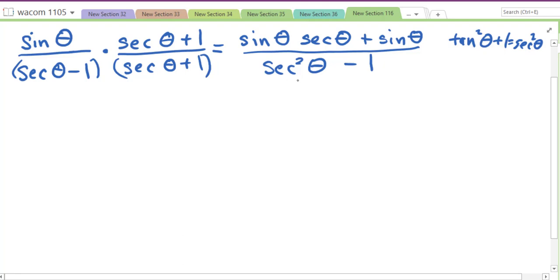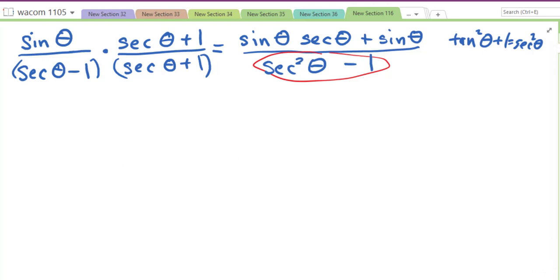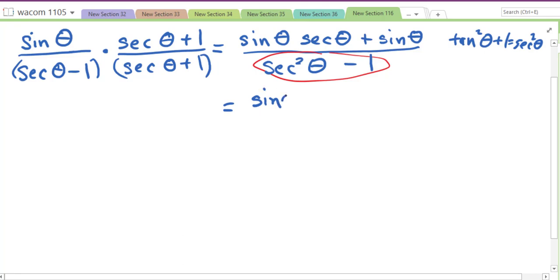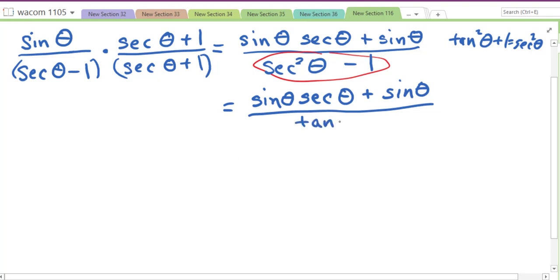So we're going to replace this with tan squared theta, and that is with the Pythagorean identity. So I have sine theta secant theta plus sine theta over tan squared theta.